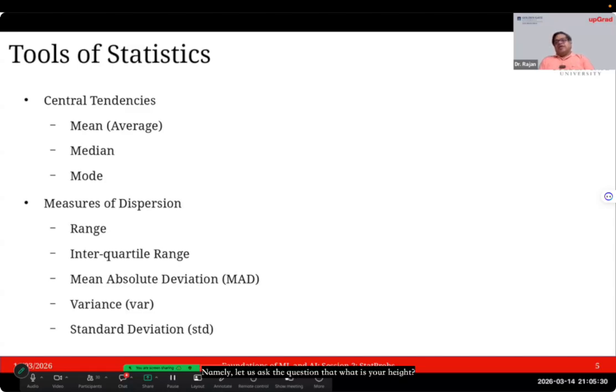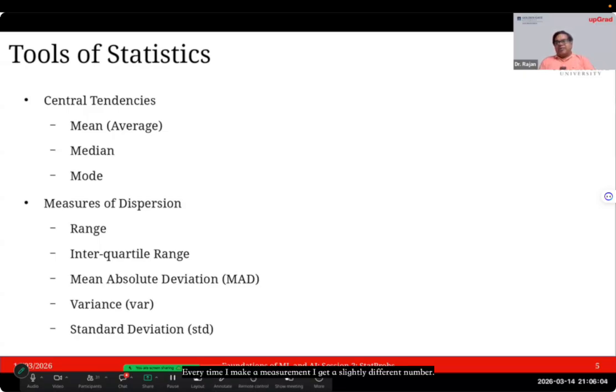Namely, let's ask the question, what is your height? Okay, let me ask you a simple question. What is your height? You might come and say, okay, I am 173 centimeters tall. Okay, I am 5 feet 8 inches tall. Okay, but then I ask the question, are you really 173 centimeters tall? I ask you that question. So I make 10 measurements.